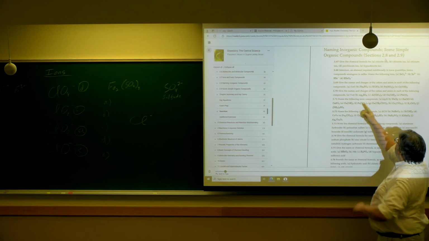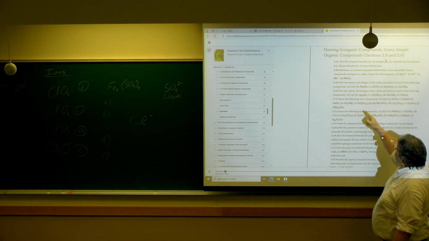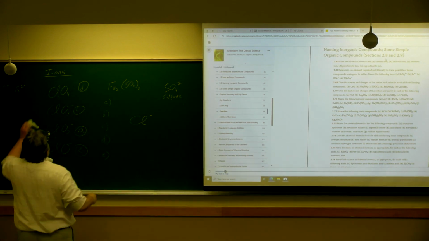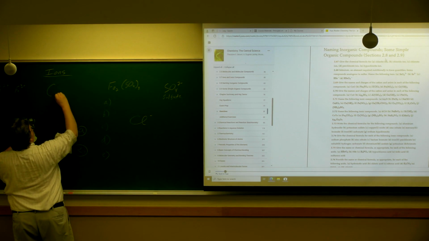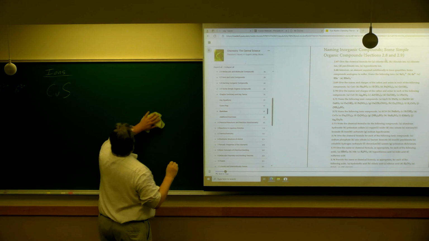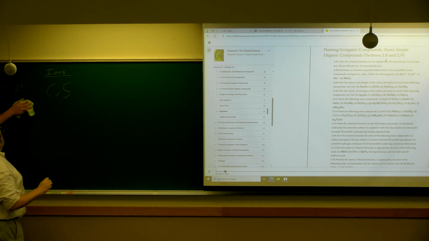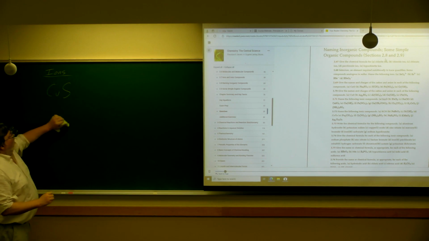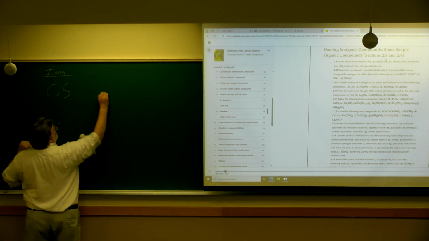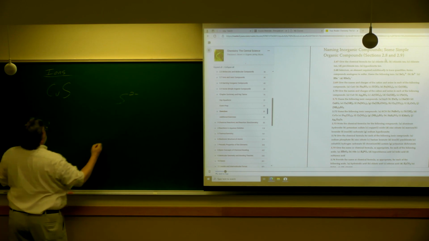What should we do? CuS. So, this is the metal, this is the non-metal. Can you find this on the periodic table? What will its charge be? -2. So sulfur is 2 negative.